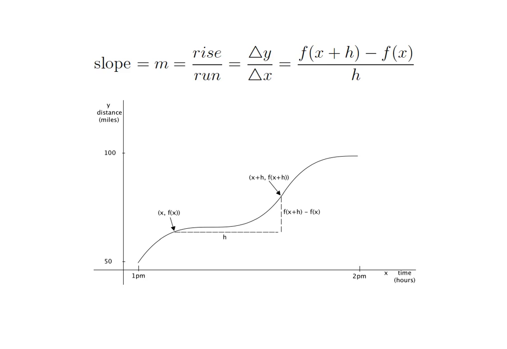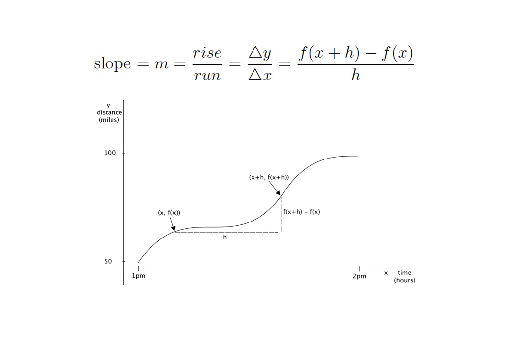And then if we travel a distance h horizontally to another point, so if we add h to x, our new x point becomes x plus h. And our new y point becomes f of x plus h. So using those 2 points, the difference in our y values is represented by f of x plus h minus f of x, and the difference of our 2 x values, being x and x plus h: if we subtract x from x plus h, we're simply left with h.